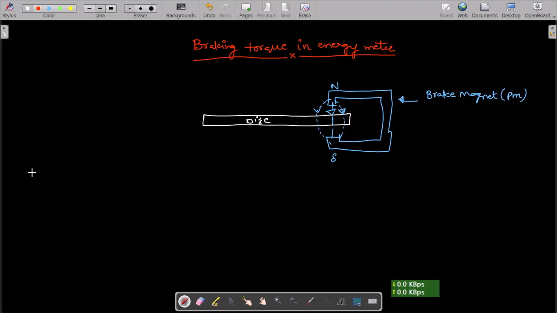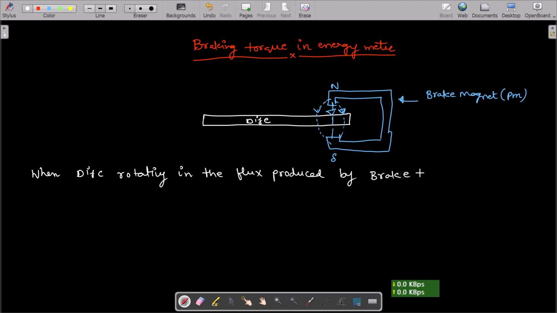So when the disc is rotating in the flux produced by the brake magnet, then an EMF is induced in the disc.